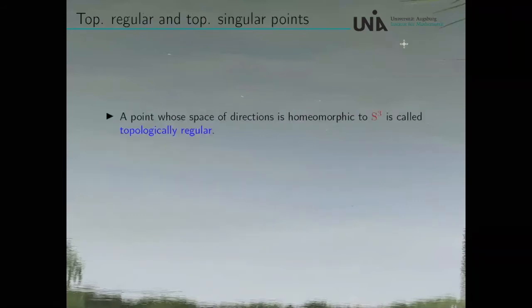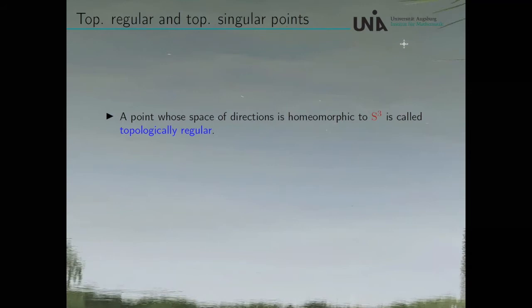So now you can see why it is important to distinguish between S3 and lens spaces with non-trivial fundamental group. We say that a point is topologically regular if its space of directions is S3. Therefore, it has a neighborhood which is homeomorphic to R4.